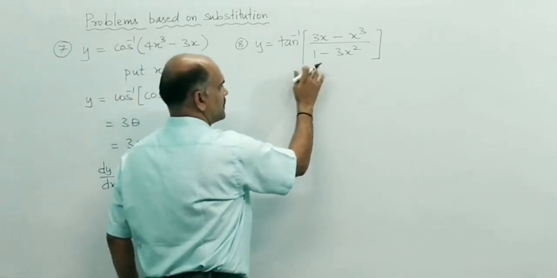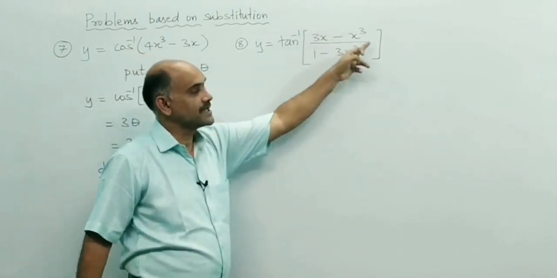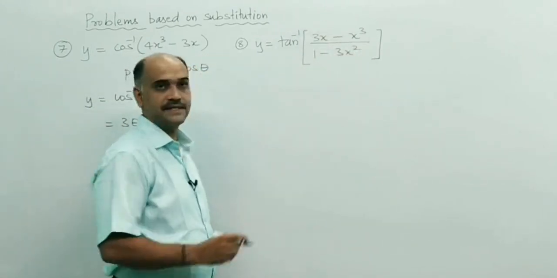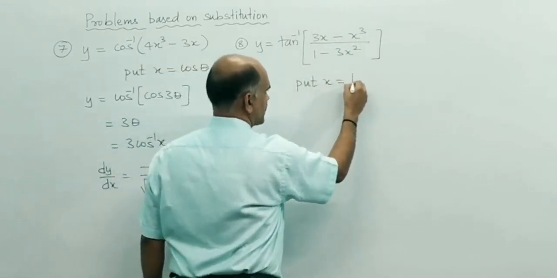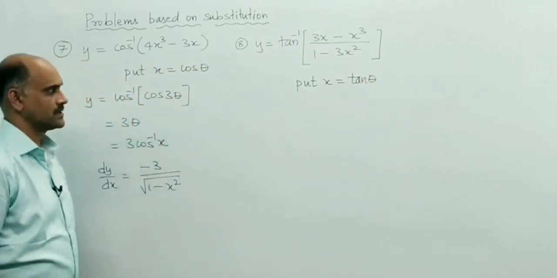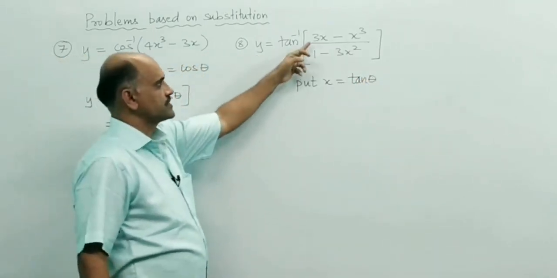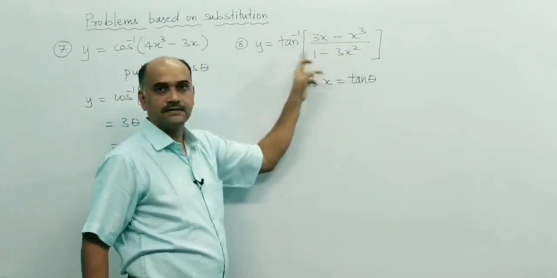So if you remember the formulas, this bracket is in the form of the tan 3 theta formula. So you are required to put x equal to tan theta. If you substitute x equal to tan theta, this will be tan 3 theta.